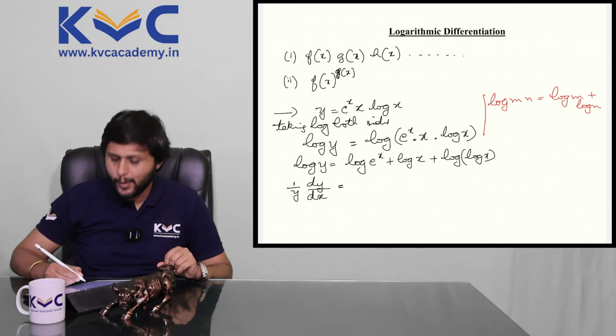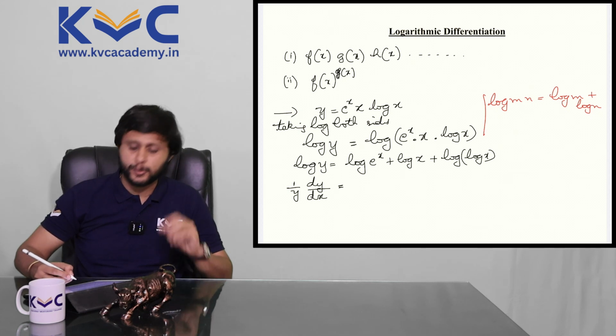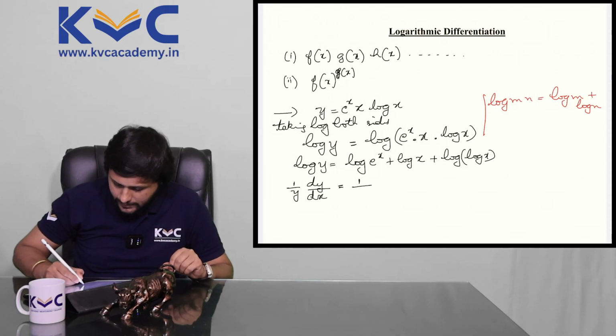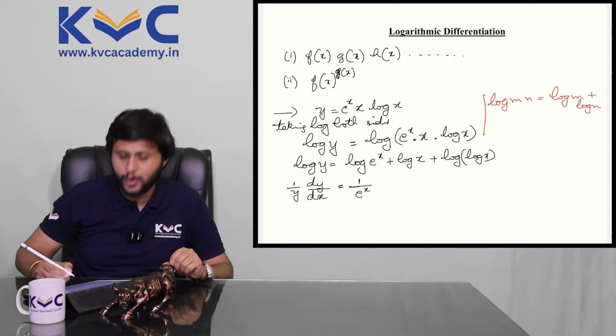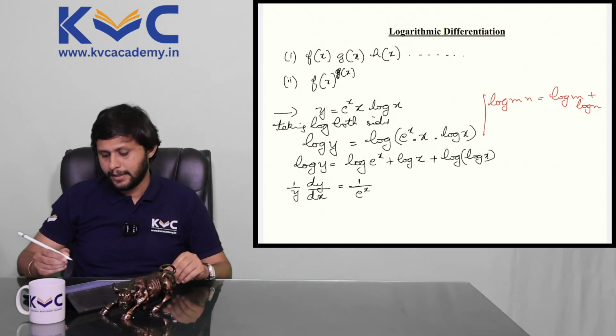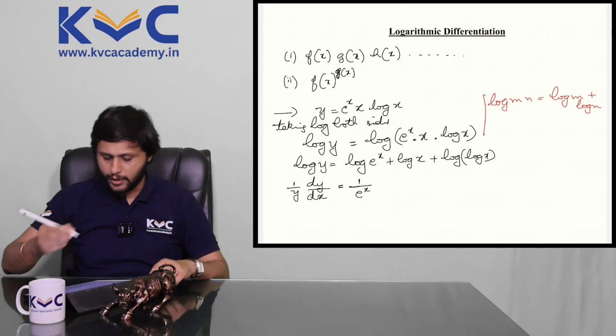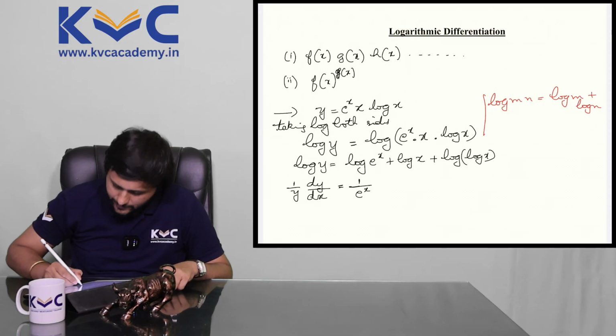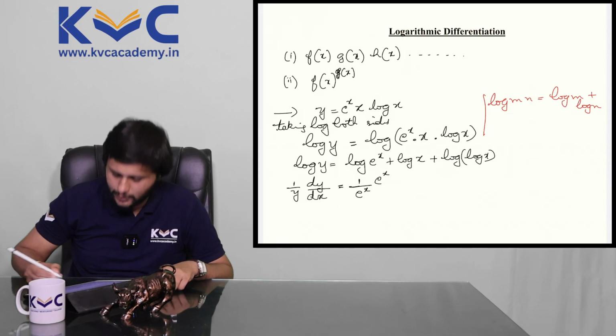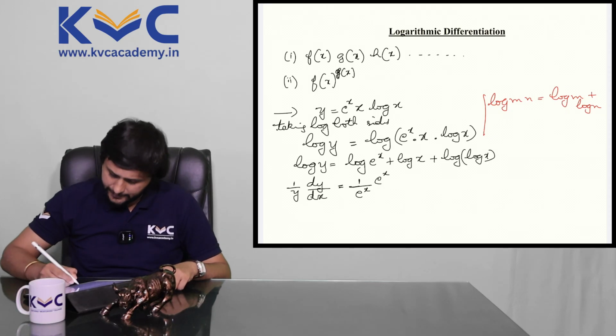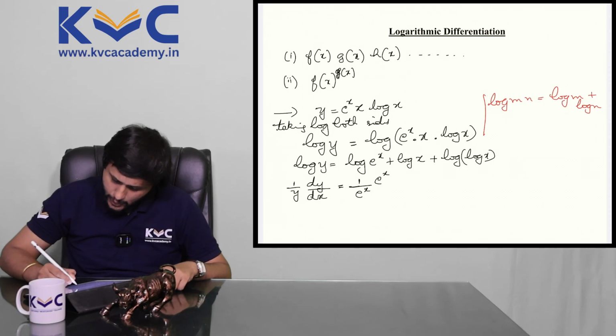Again the chain rule: we have log x, and differentiation of log x is 1 by x. Further, we have log e to the power x. Differentiation of log of e to the power x is 1 by e to the power x; we have considered it as a separate function. So now differentiate e to the power x, we'll write that as e to the power x only. Further, we have log of log x.